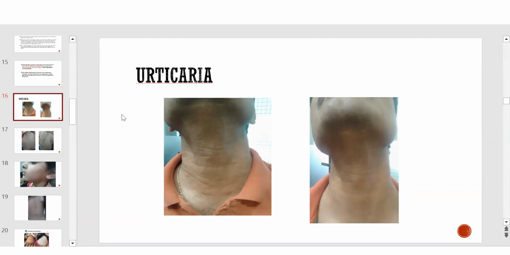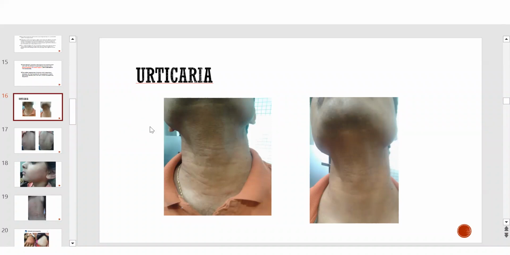The skin specialist can make fun of you when you upload before after patient photos of urticaria. Are you getting my point? So never upload your before or after photos of urticaria on social media. That can be a blunder.